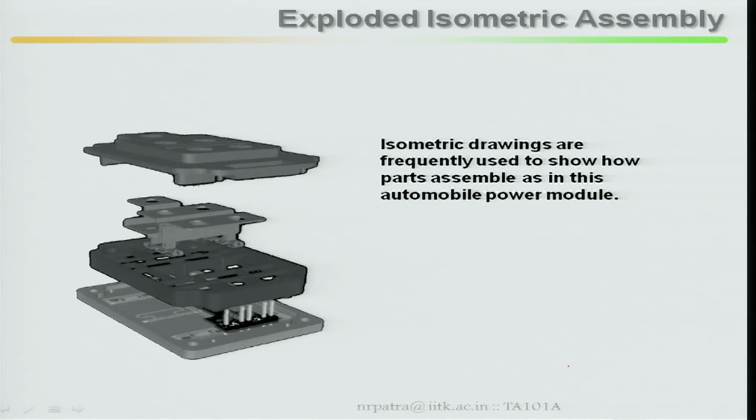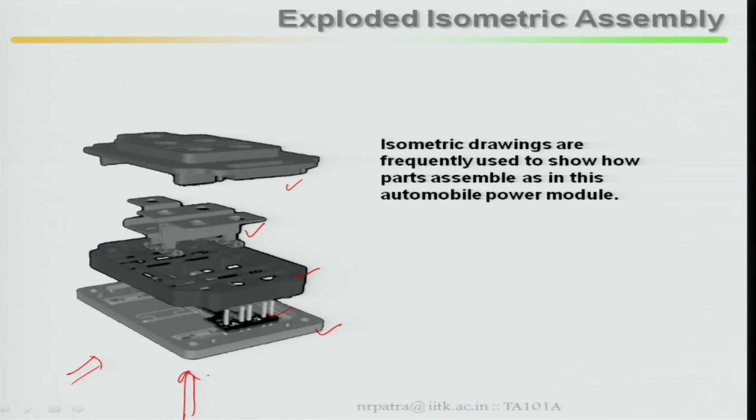Isometric assembly. As I said, a simple example: there is a machine assembly. This is your part 1, part 2, part 3, part 4, part 5. I rotate it in such a way that my viewing direction is in this direction or maybe in this direction, it does not matter.